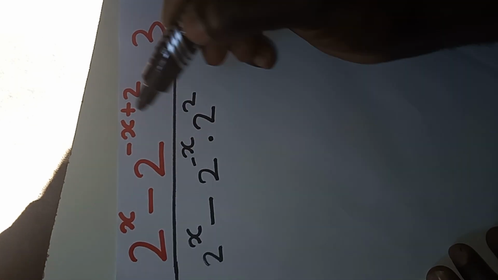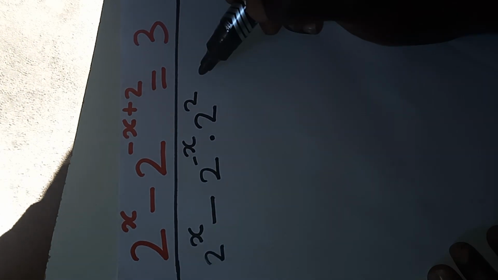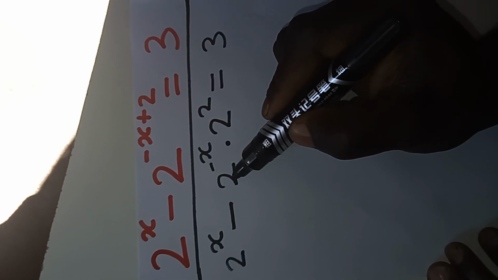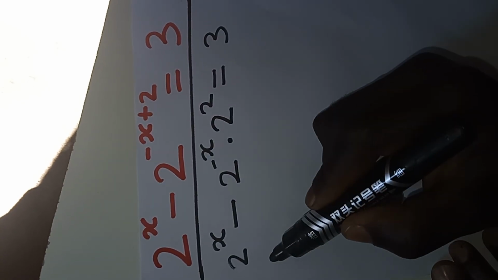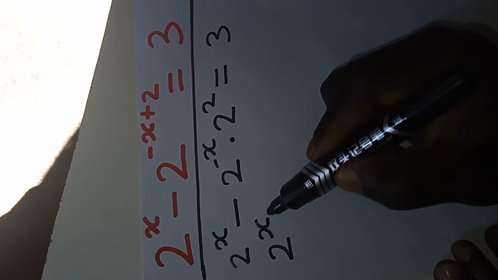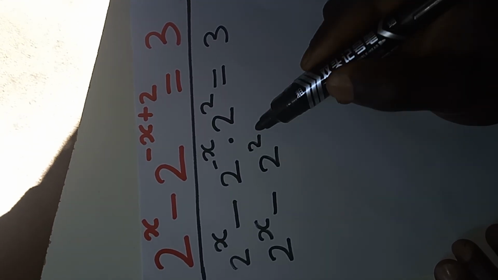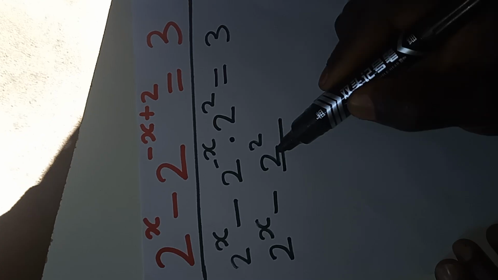So now I've just taken it back and we equate it again to 3. So having this, we can see this 2 raised to the power of a negative x, we can rearrange it to 2 to the power of x minus 2 to the power of 2 over. Why am I saying over?